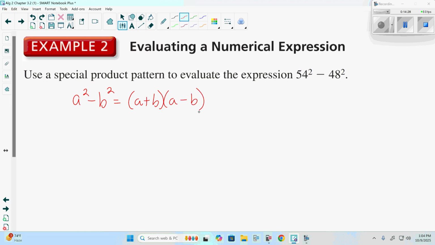Use a special product pattern to evaluate the expression 54 squared minus 48 squared. Now, if we were to try to do this without this special pattern, we'd have to first figure out what 54 squared is and 48 squared is, and then subtract the 2.